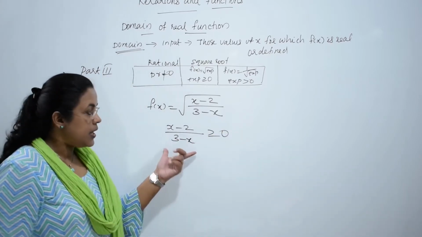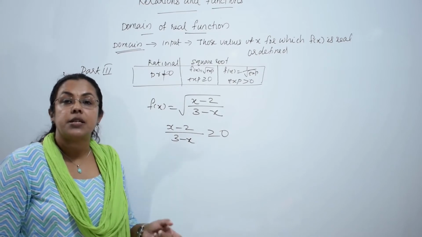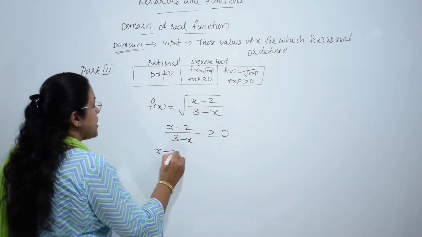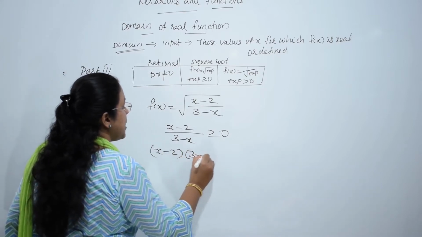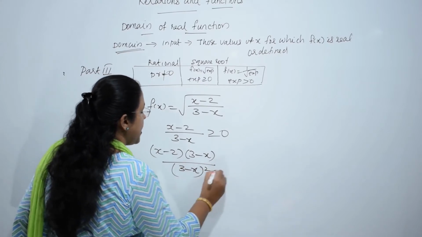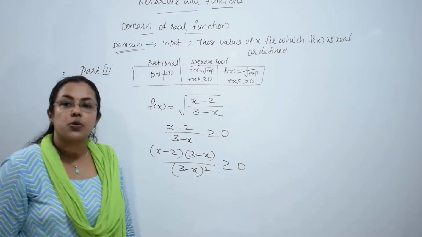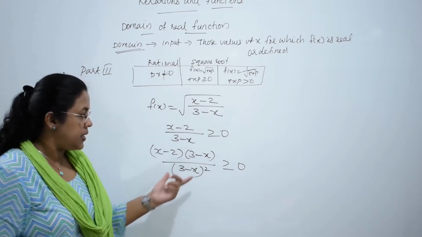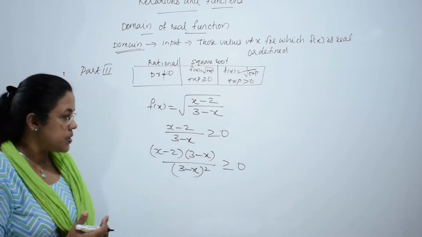For our convenience, we multiply numerator and denominator by the denominator. Therefore, (x minus 2) into (3 minus x) divided by (3 minus x) the whole square is greater than or equal to 0. We are multiplying numerator and denominator by a positive quantity, so it is still greater than or equal to 0.